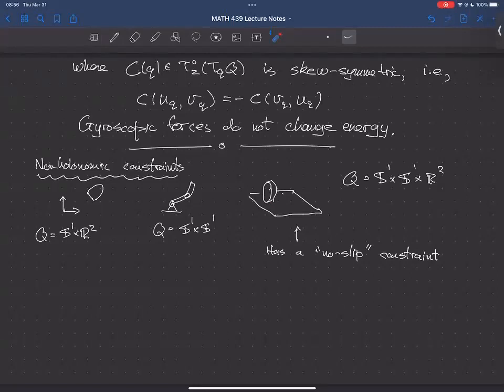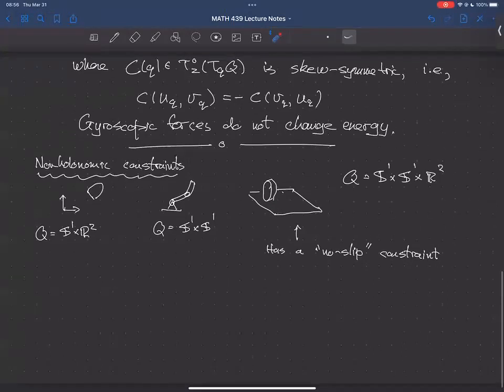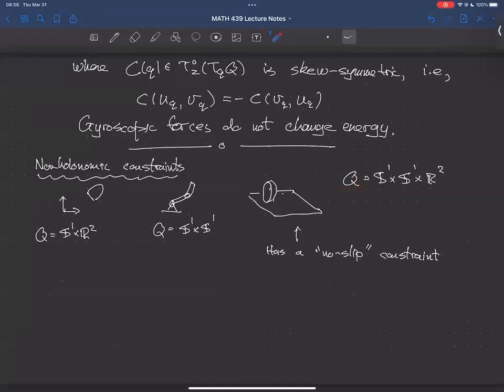And so that's a constraint not on the position of the system, which is kind of what we did in all of these cases. We had Q as a submanifold of Q free, and so that gave us position constraints.